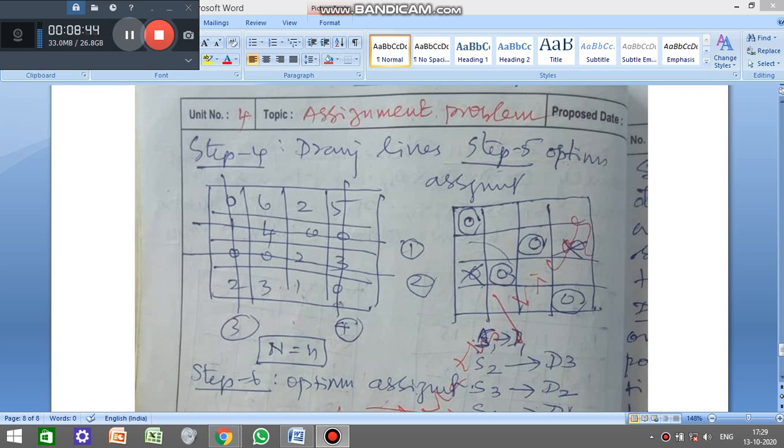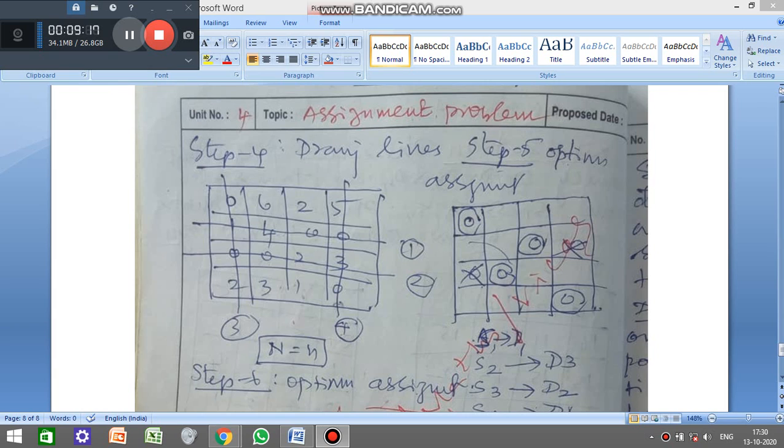If I assign like that, then the other zeros in the second row and in the third column I have to strike out. So in the second row the last box I strike out, and column wise in the third column there are no other zeros, therefore I need not strike out any zeros there. So in the second row you see only one assignment, and in the third column only one assignment.